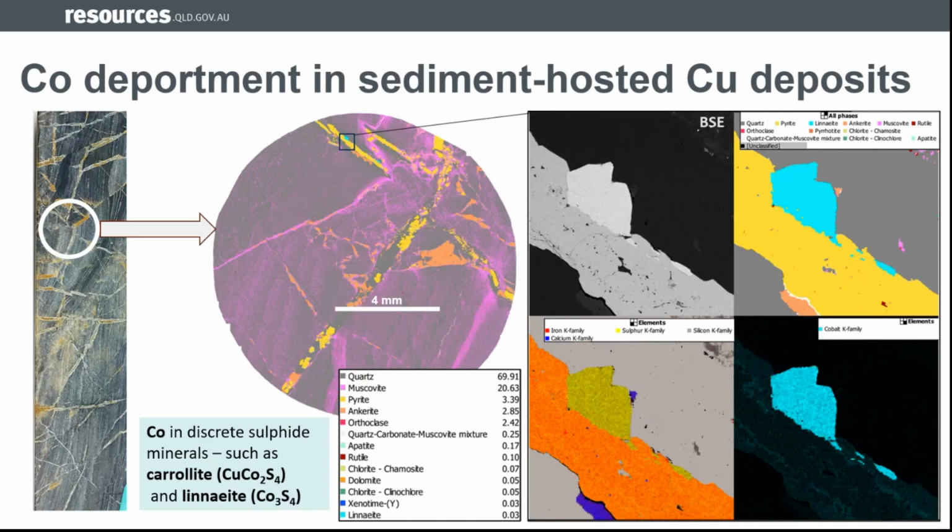And to make it more interesting and more complicated compared to IOCGs, there is a divergence between cobalt and copper mineralization in several deposits. There are some parts of deposits which are very rich in cobalt. By very rich, I mean going to thousands of ppm, but having essentially no copper present.